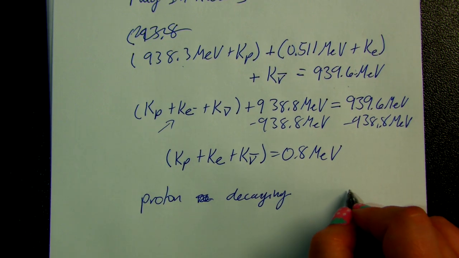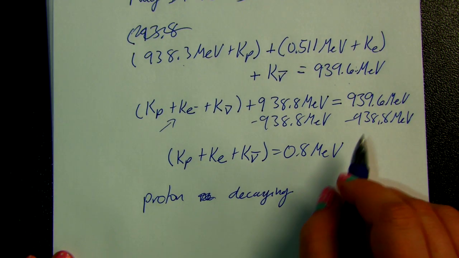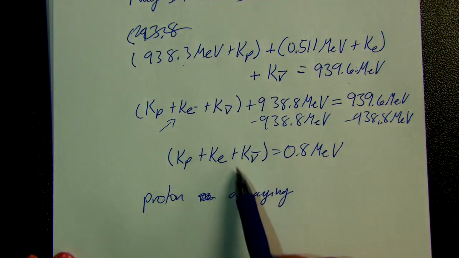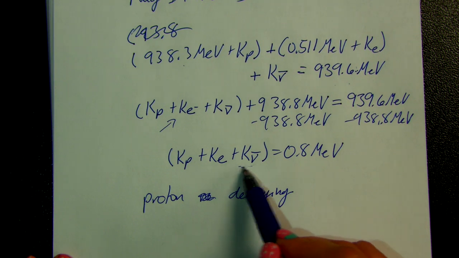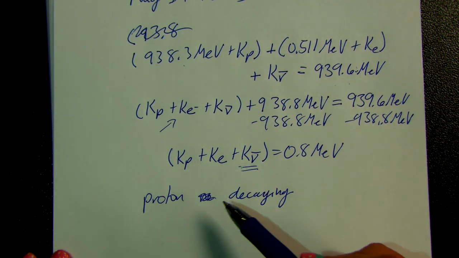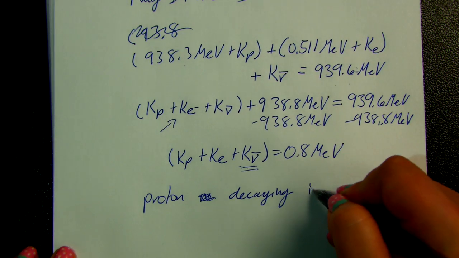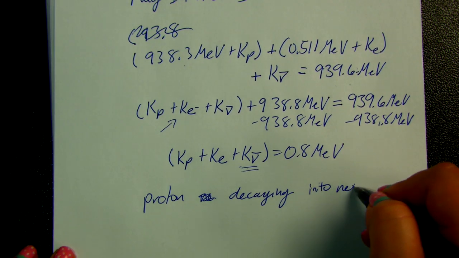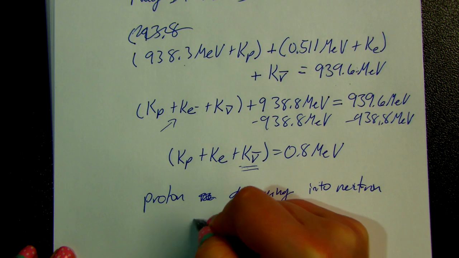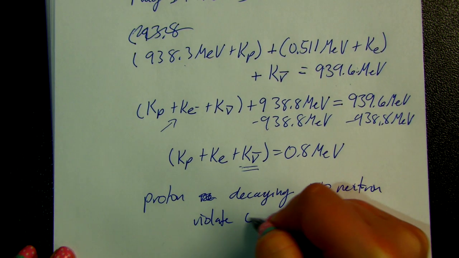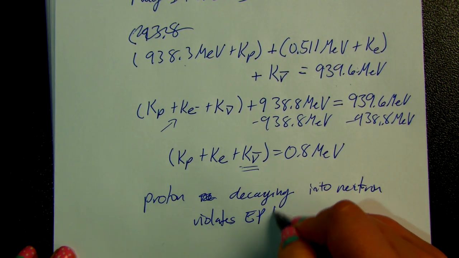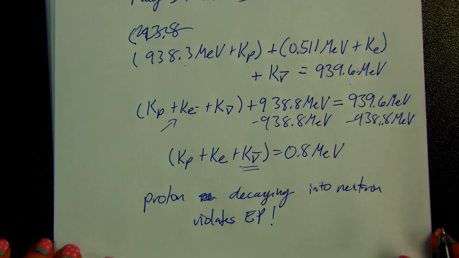So we've known about neutron decay for a while, and there was some missing energy when we would do these measurements, and that was this mysterious neutrino particle, or the little neutral particle, as Fermi called it. So proton decaying into neutron violates the energy principle. Not allowed. We don't break physics in this classroom. Even though we're online, we still don't break physics.